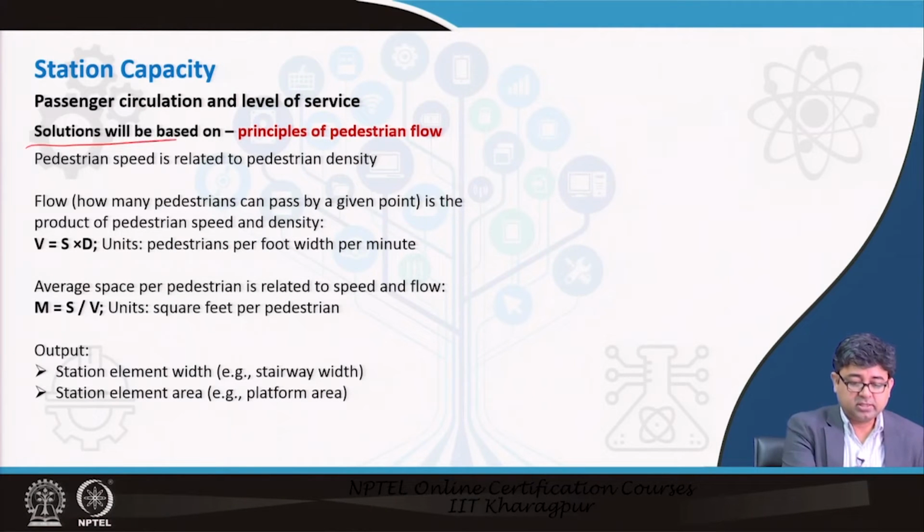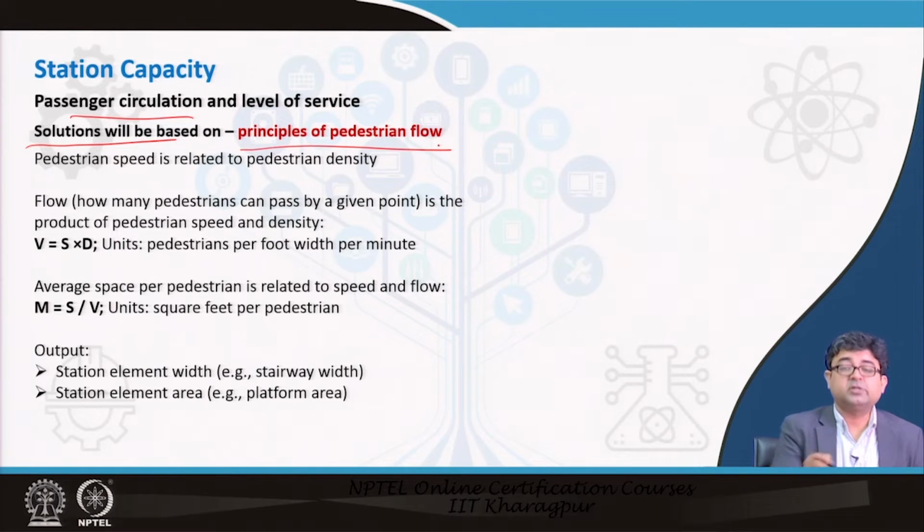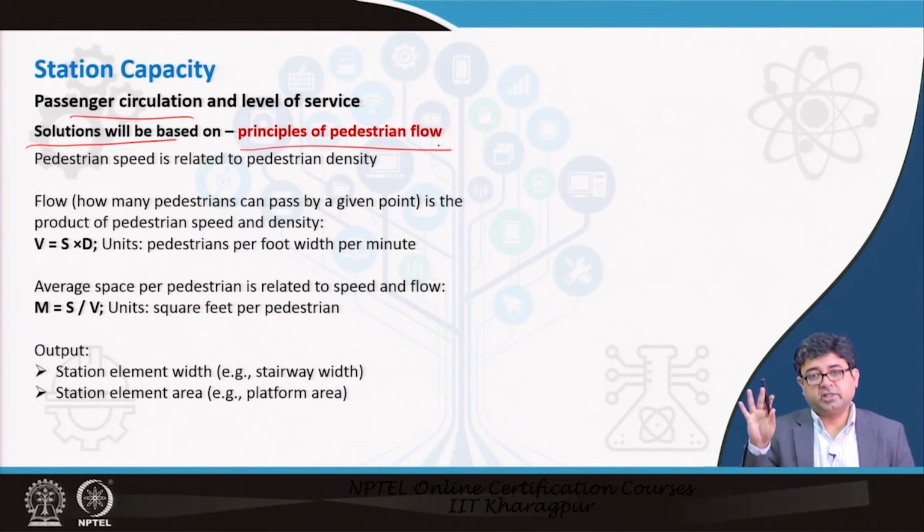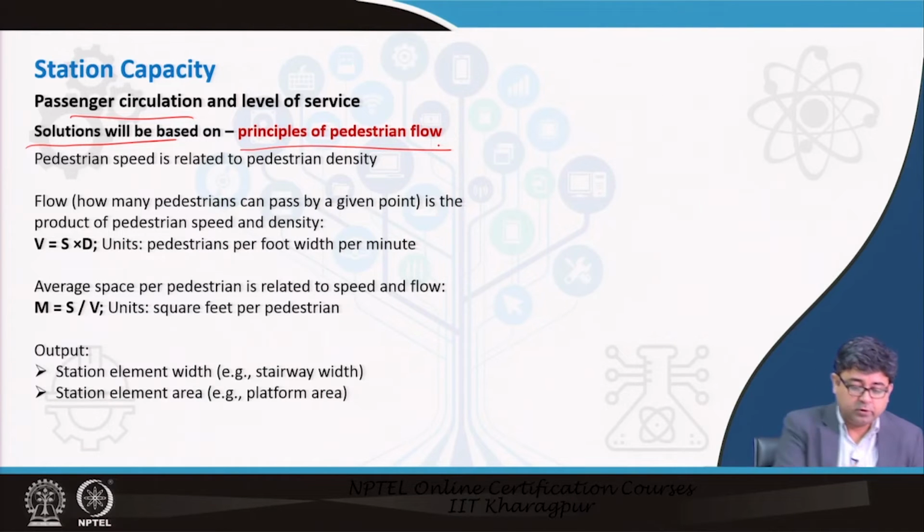So, the solutions for station capacity and passenger circulation will depend on the principles of pedestrian flow, which we have already covered when we were looking at the pedestrian transport part of this class. We have looked at pedestrian flow. You know that flow is the product of pedestrian speed and density, and density is nothing but the inverse of pedestrian space, where pedestrian space is the average space per pedestrian.